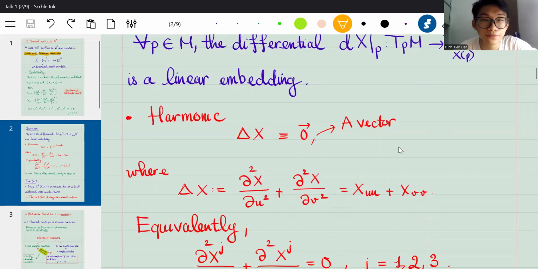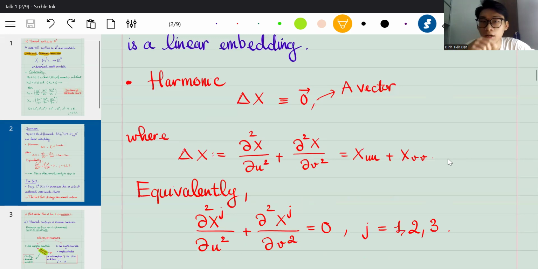extrinsically. Okay, so about harmonicity, which is the most interesting property of this, the connection Laplacian of X is the zero vector.